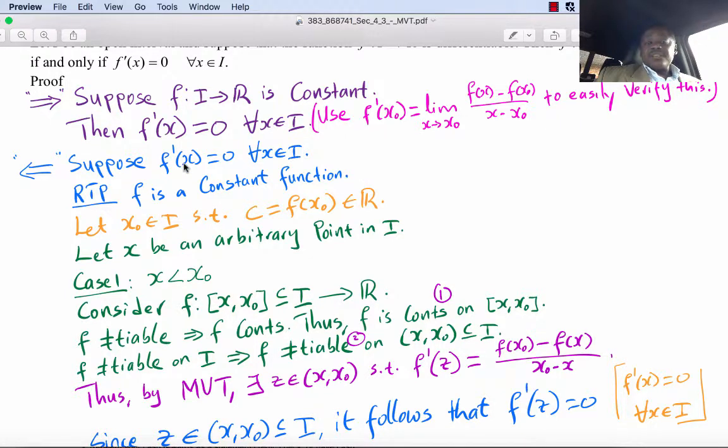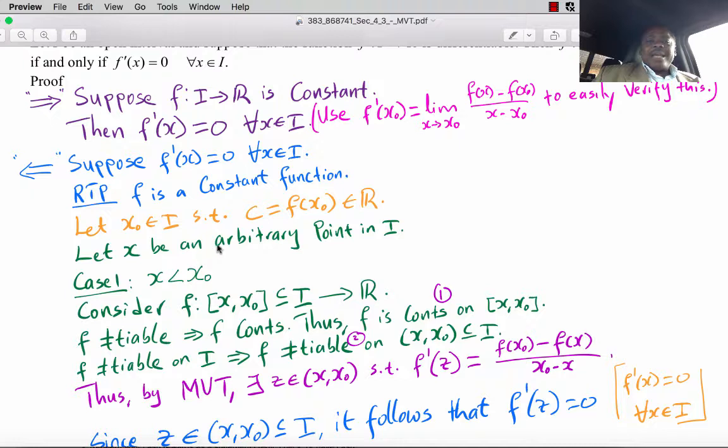Suppose the first derivative of f equals 0 at every x in I. We have to prove that f is a constant function, i.e. f of x equals some c, where c is a real number. Let x naught be a point in I such that c equals f of x naught. X naught is a point, so f of x naught is a value. So call it c, and that's a real number.